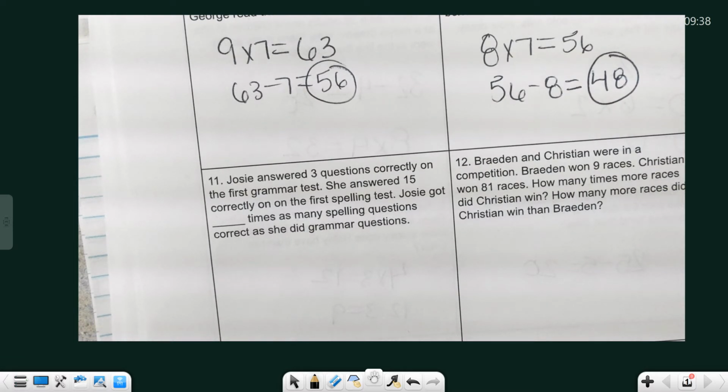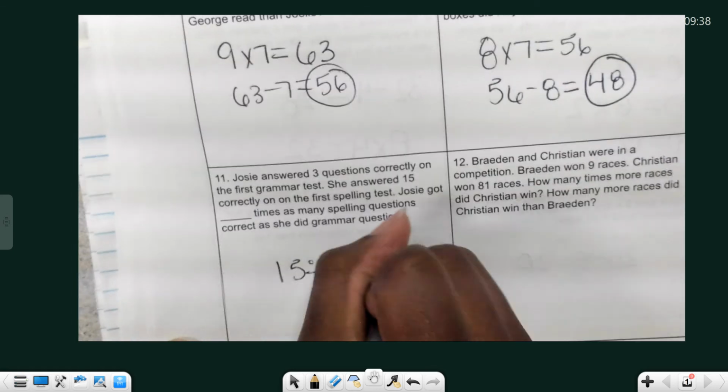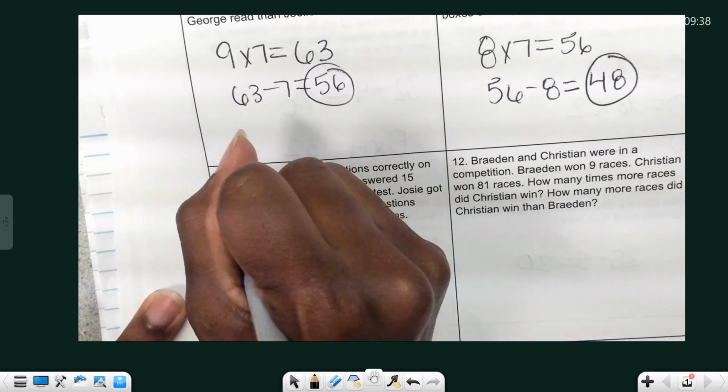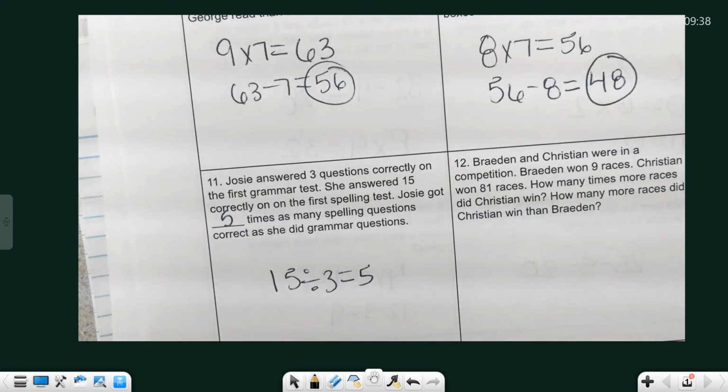Josie got blank times as many spelling questions correct as she did grammar questions. Chloe, you would have to divide. 15 divided by 3 equals what, Chloe? 5. So 5 goes in this blank. Any questions? No, ma'am.